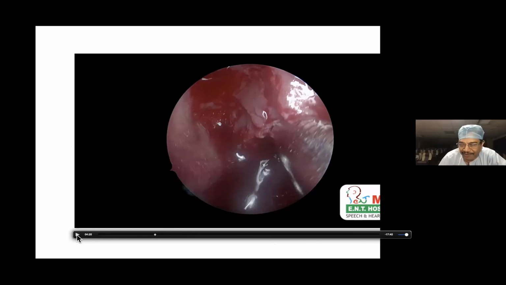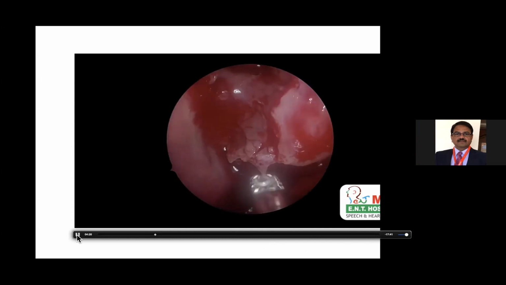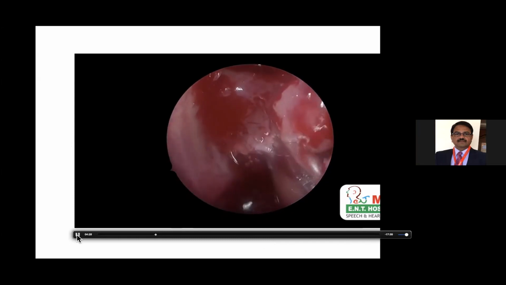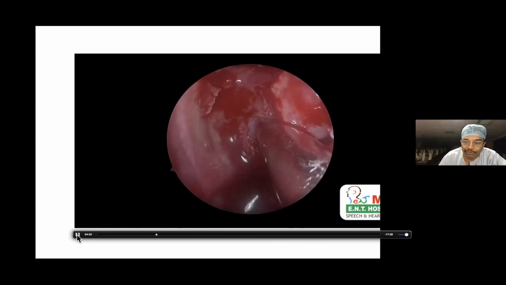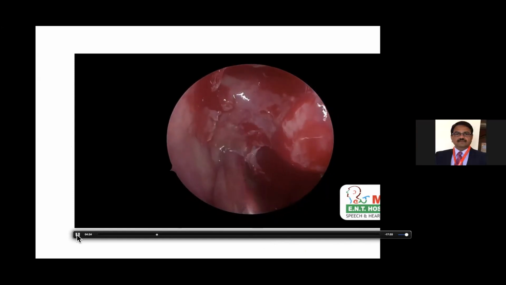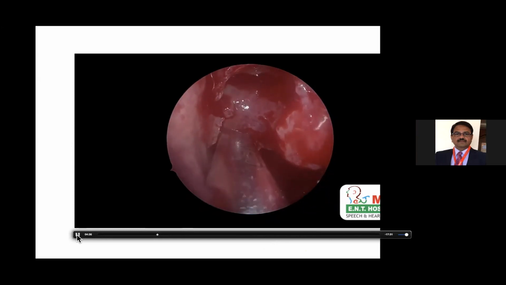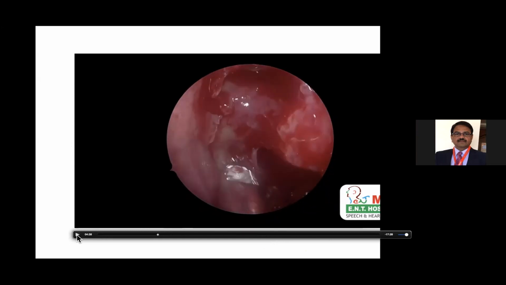I purposefully palpate so that I get an understanding from both tactile as well as visual cues. And you're also protecting the mucosa of the lamina papyracea at the same time. Not only the mucosa of the lamina, you don't want to remove any mucosa. That is a very important point. That's all about the principle of FESS.